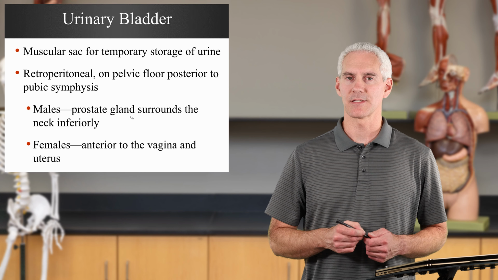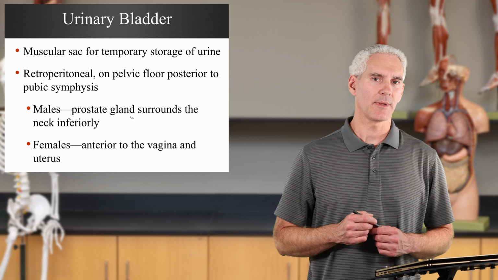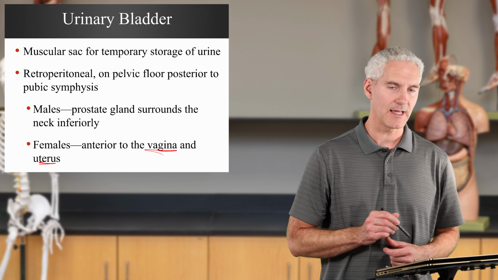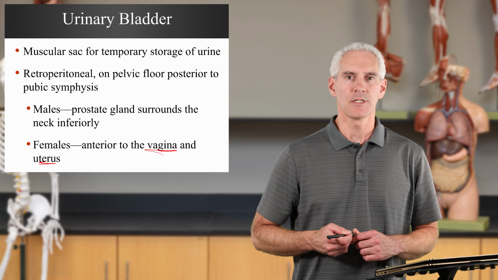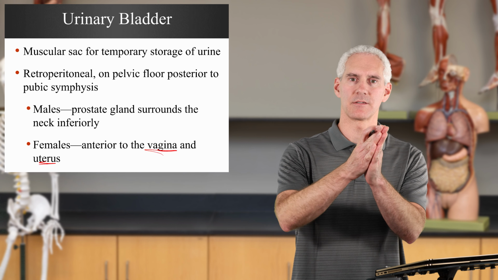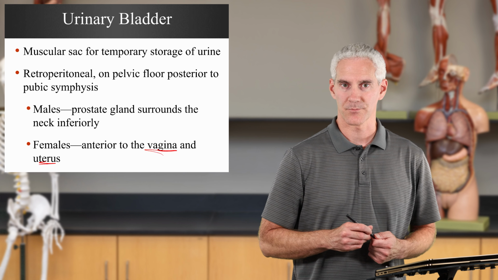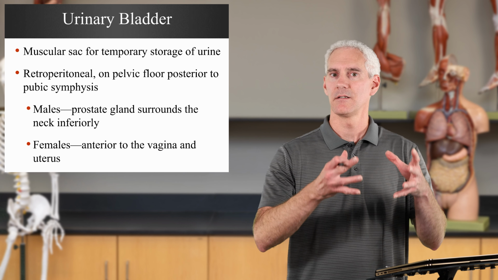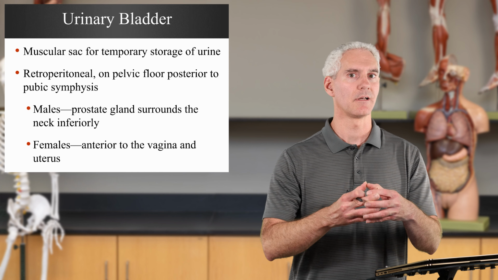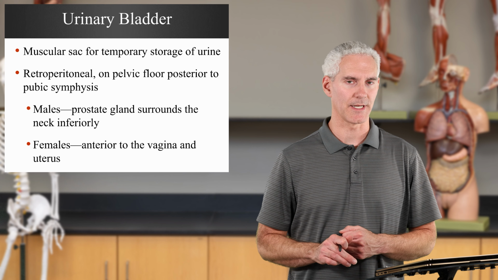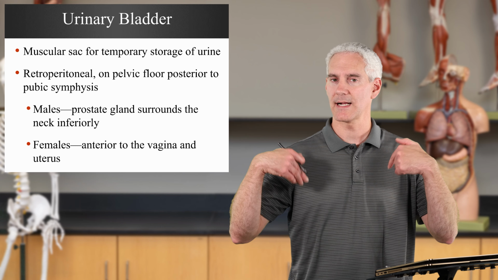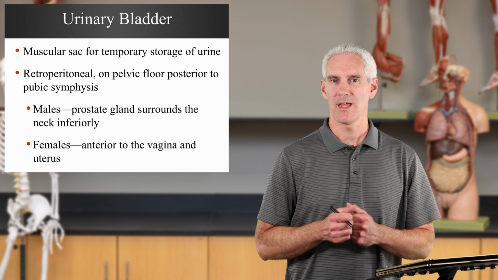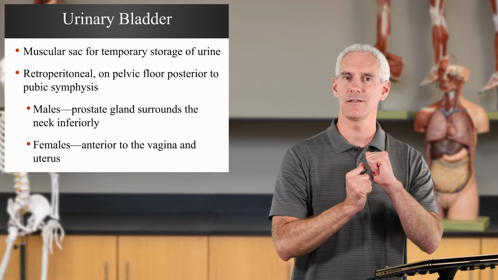In the female system, the urinary bladder is a little bit forward because it's anterior to the vagina and the uterus. But functionally, they do the same thing. There's still a sac that contains urine and then allows for urine to be excreted. The ureters both connect on the posterior side, male and female, so that's all the same. It's just anterior a little bit in the females.